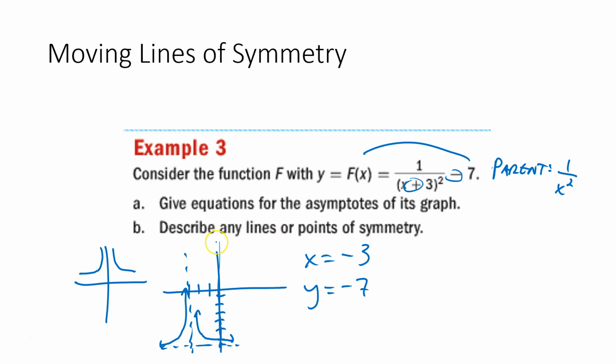But what we do have is symmetry over this line right here. So it's kind of like y-axis symmetry, but our y-axis moved. So we now have symmetry over the line x equals negative 3. So you could say it's x equals negative 3 symmetric. Because if you flipped it over the line x equals negative 3, you would have the same graph.